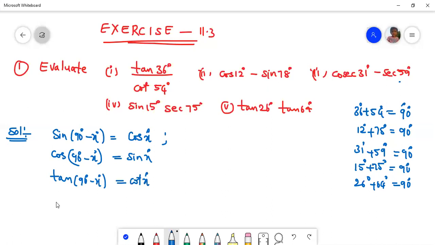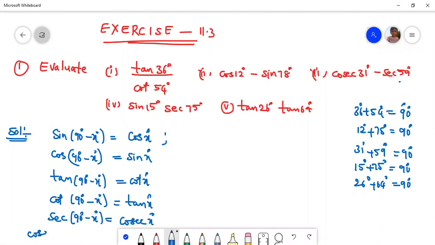These are the complement angles. Cot of (90 degrees minus x degrees) equals tan x degrees. Secant of (90 degrees minus x degrees) equals cosec x degrees. Cosec of (90 minus x degrees) equals sec x degrees.